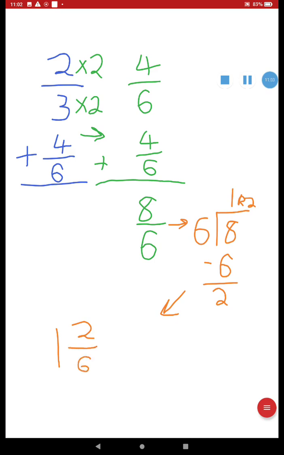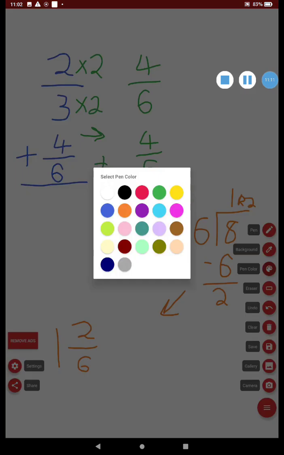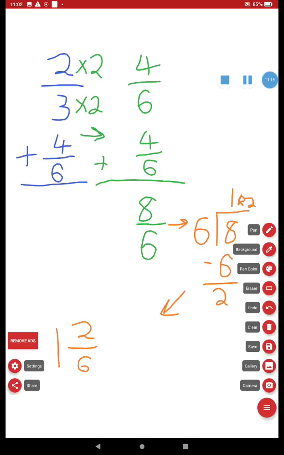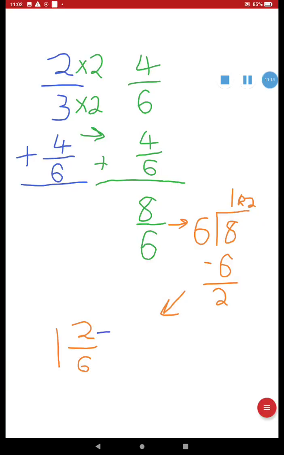But it's not all the way simplified yet, because 2/6 can be simplified. Ask yourself, what numbers can go inside of 2 and 6? Well, 2 can, so I divide by 2. 1 is still going to stay the same. 2 divided by 2 is 1. 6 divided by 2 is 3.